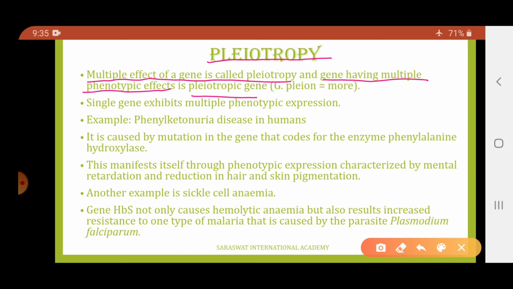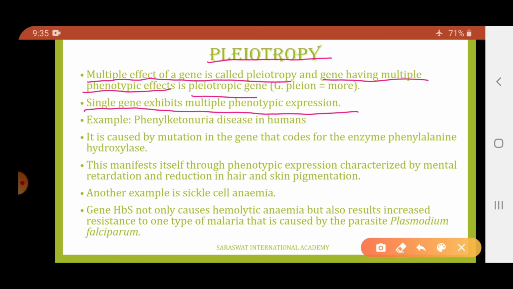Polygenic inheritance is a single character affected by 3 or more than 3 genes, and what is pleiotropy? A single gene gives more than one character, more than one phenotypic effect. So what is that called as? Pleiotropy. So single gene exhibits multiple phenotypic expression.